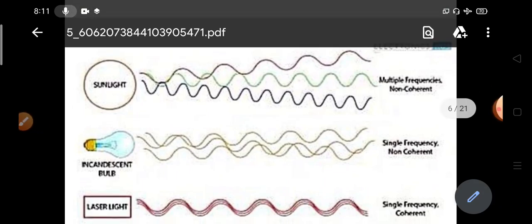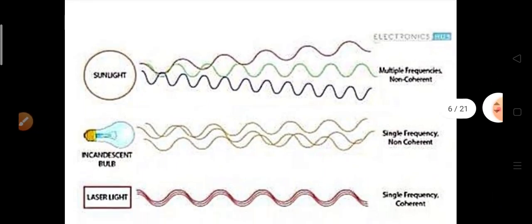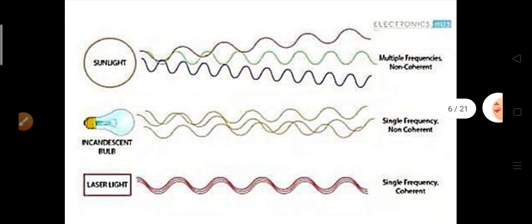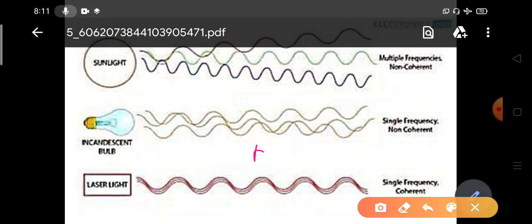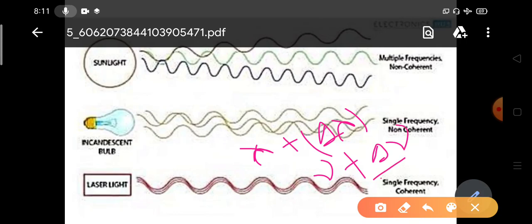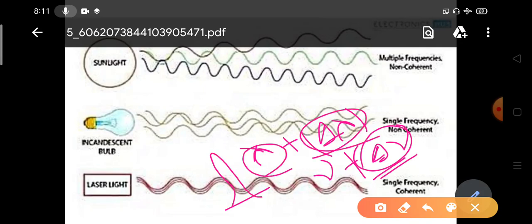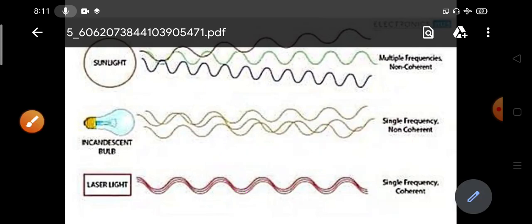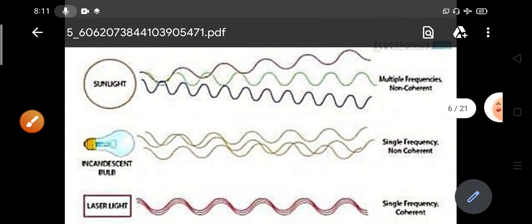So exactly monochromatic light we cannot get, but if we think that this is a single lambda with a very small delta lambda, or nu with a very small delta nu, that is frequency, so a very small amount of fluctuation in the wavelength, then we can think of it as a single frequency light.